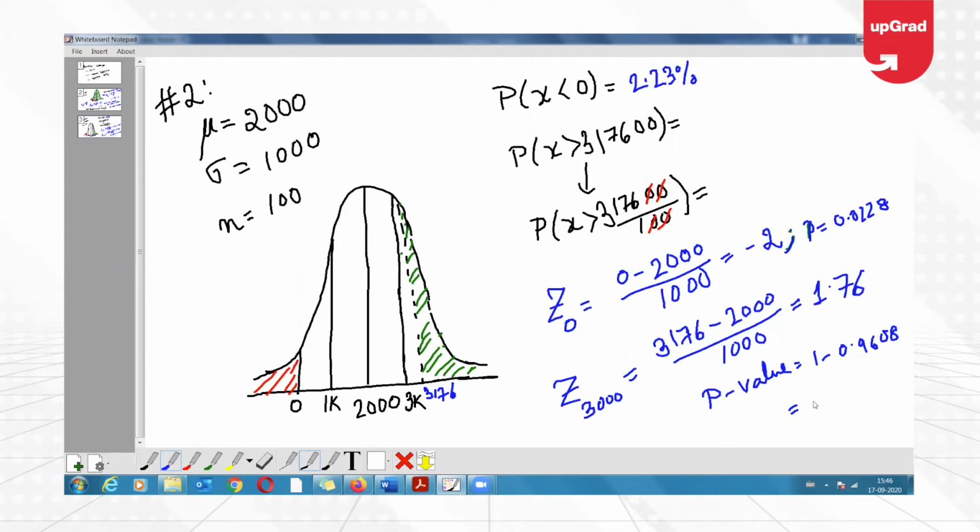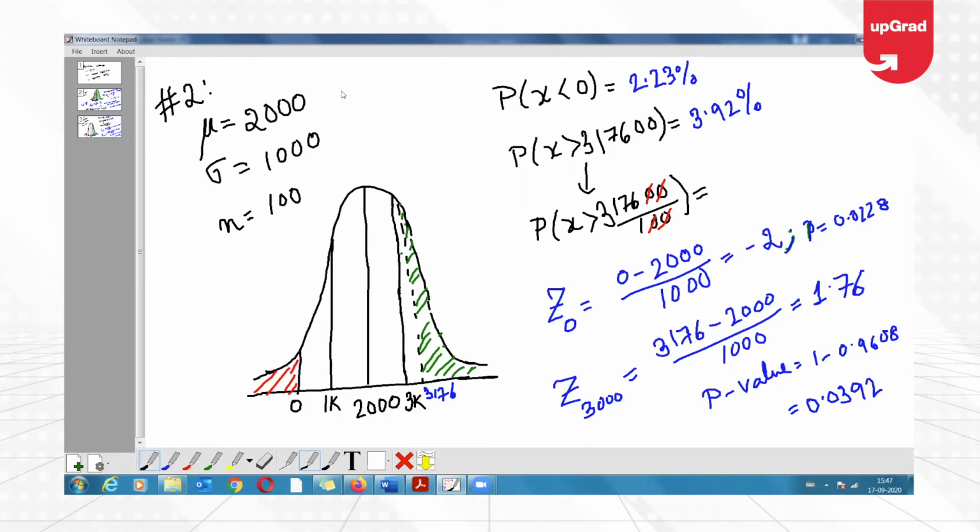So in this case, this is 0.0392. So this one is 3.92%.